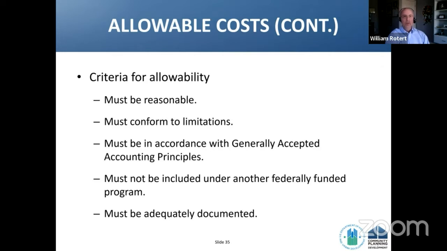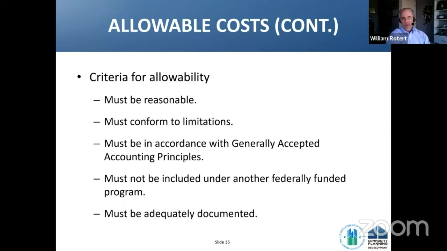That's probably not reasonable. Cost must conform to limitations. Example of the 20% cap on admin and planning, or the 15% cap on public services, which applies to your regular CDBG program. The cost must be in accordance with generally accepted accounting principles.